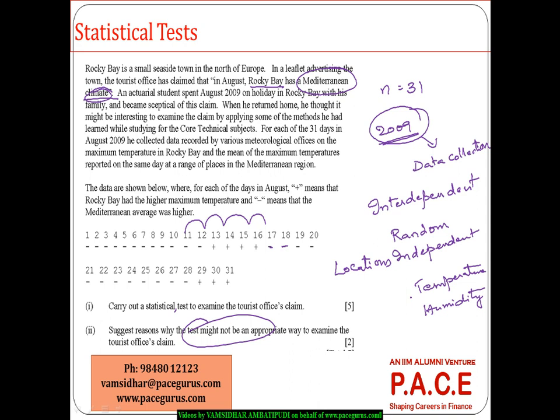But from our perspective, as far as the usage of the statistical technique is concerned, because of the negatives and positives that are being mentioned, we can very well look at the usage of the sign test, and we can use it from an interpretation standpoint. All right.